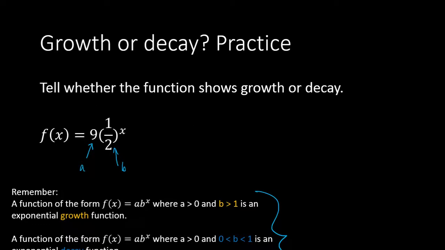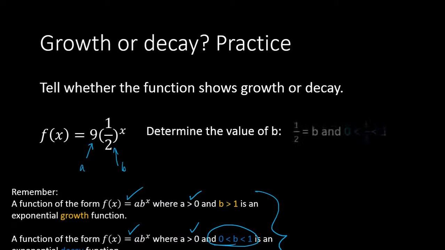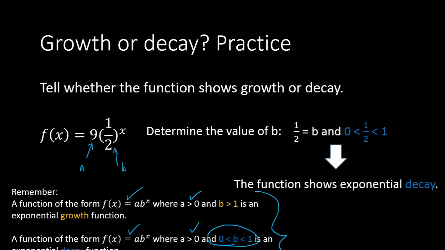Well, we've already verified that it's in this form, f of x equals a times b to the x. We've already verified that a is greater than 0. Now all we have to do is figure out if b is greater than 1 or if b is between 0 and 1. And obviously 1/2 is between 0 and 1. So if b is 1/2 and 1/2 lies between 0 and 1, then the function must show exponential decay.